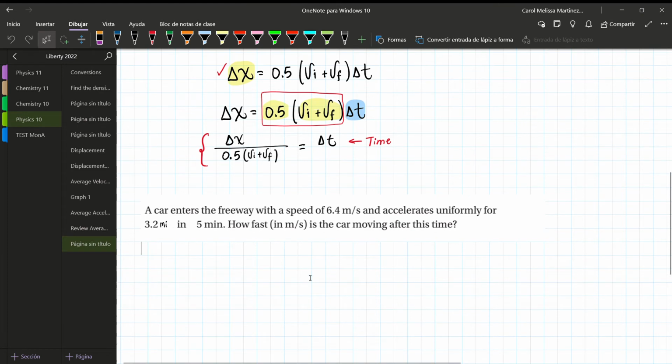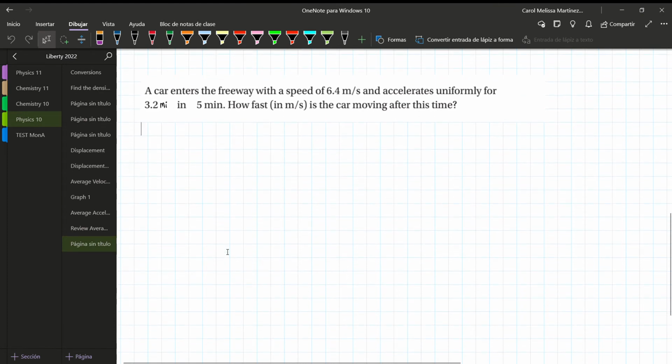Okay. So I have this. A car enters the freeway with a speed of 6.4 meters per second and accelerates uniformly for 3.2 miles in 5 minutes. How fast, in meters per second, is the car moving after this time? So in this example, I'm talking about a car.